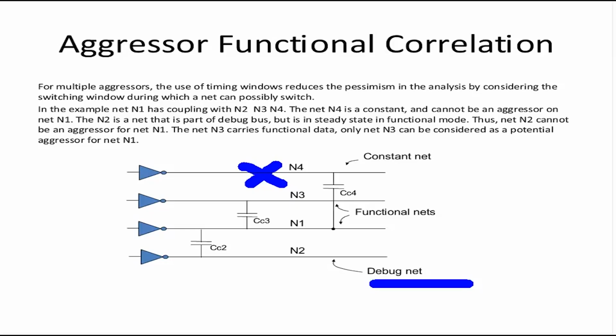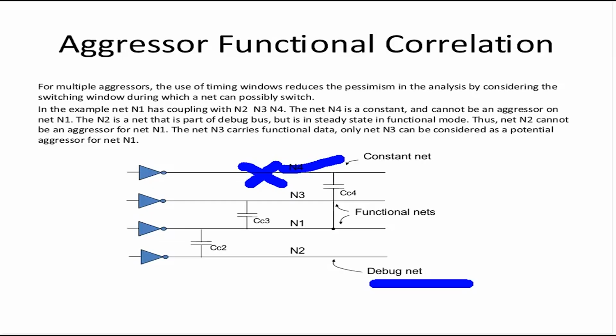This is where PT needs to know about the functional values. If you have set some case analysis on N4, or if due to case analysis, which propagates, N2 is also grounded or tied to VDD, then these effects are not taken into consideration, right? So if N3 carries functional data, N3 can only be termed as the aggressor for victim N1.